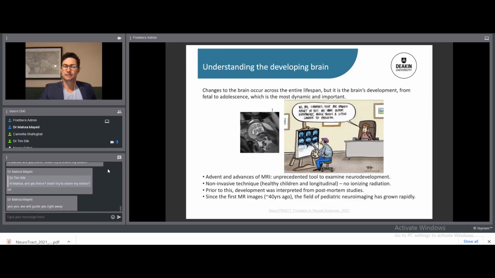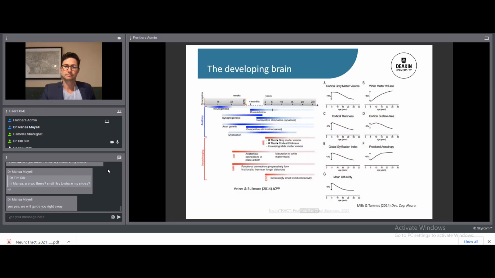Next slide, please. All right, so this is just giving you a very brief overview, on the left, of all of the dynamic processes that are going on during this brain development. There's synaptogenesis, then there's also this really important competitive elimination of those synapses as the brain's developing and learning new experiences.